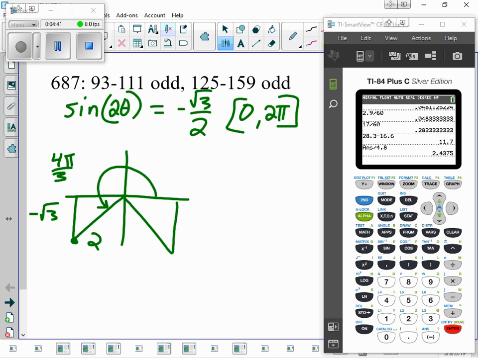Okay. So the sine of 2 theta is negative root 3 over 2. So the angle that creates that is 4 pi over 3. So I now know that 4 pi over 3 is equal to 2 theta. So what would theta be equal to?